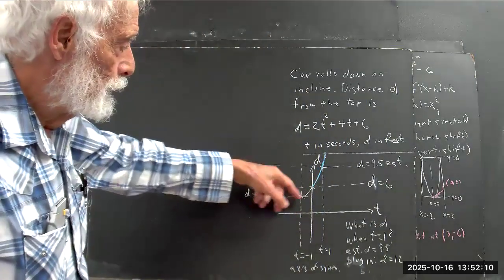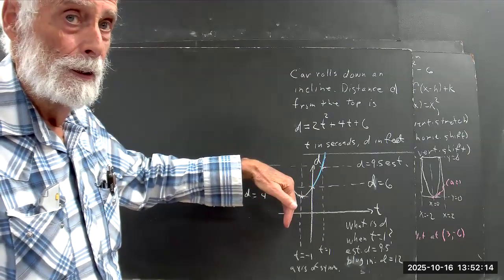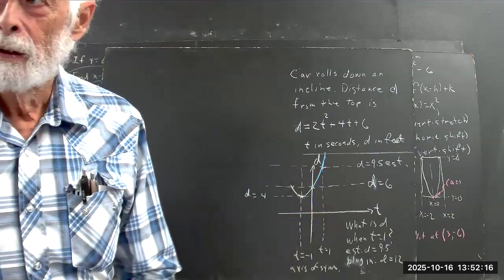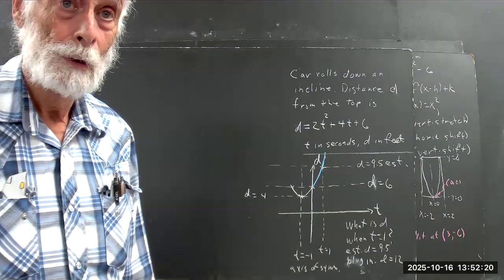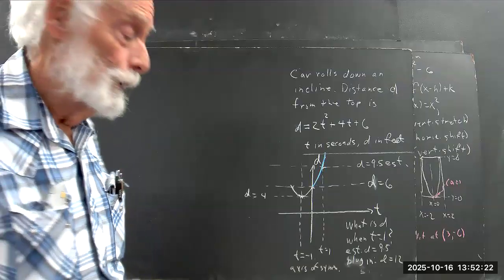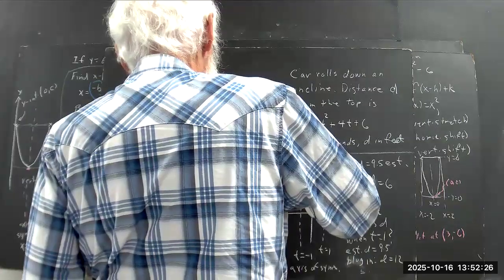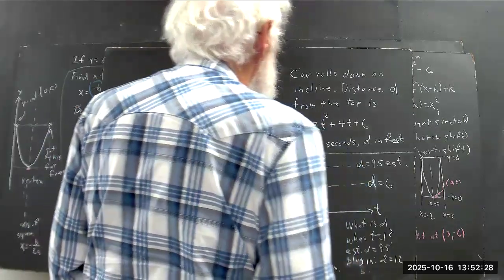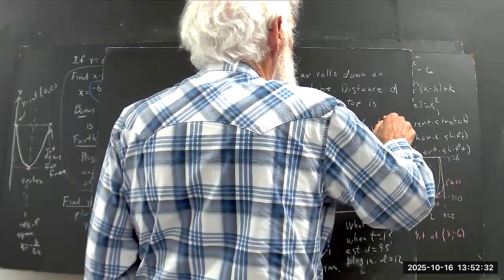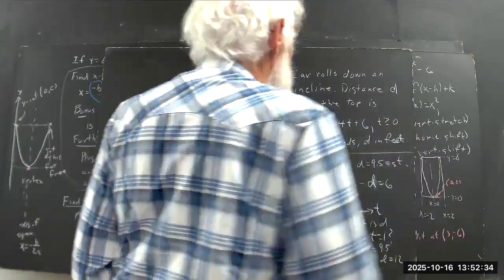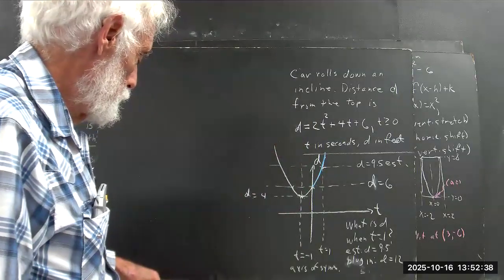The graph has a part over here that helps you graph it, but it doesn't correspond to reality because the car didn't start rolling until t was 0. Okay? So it's a perfectly good parabola on both sides. The actual motion doesn't start until t equals 0.